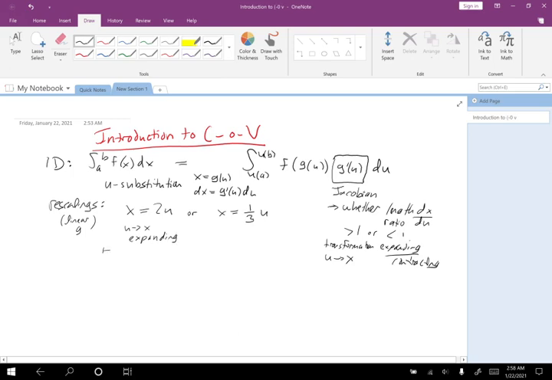Because given a unit u interval, this transforms now to twice the length of the x interval. And similarly, this is a contracting, because the unit u interval transforms to a smaller x interval.